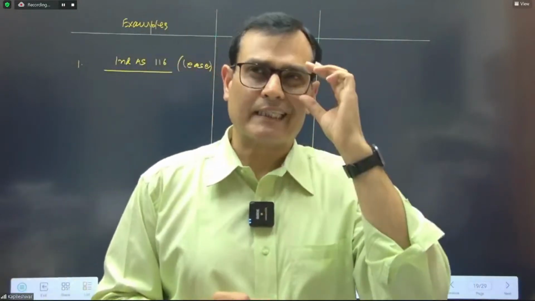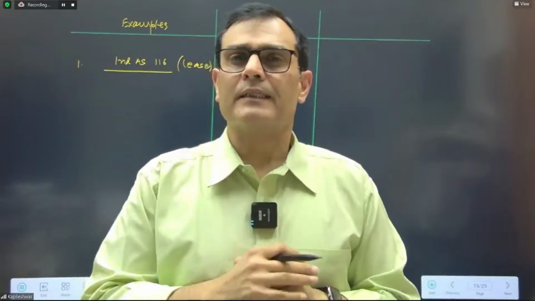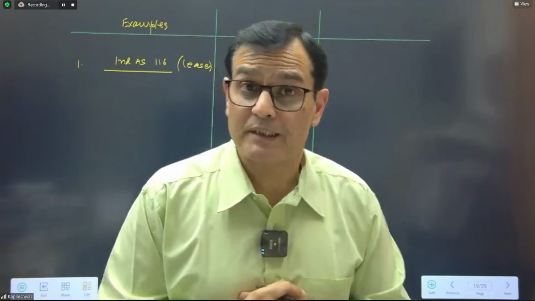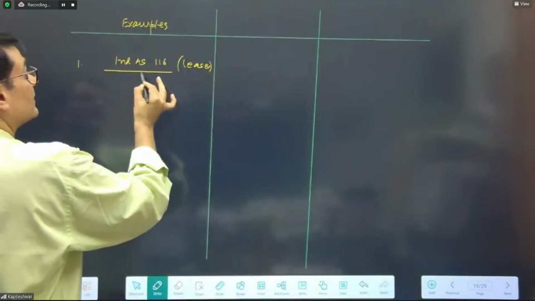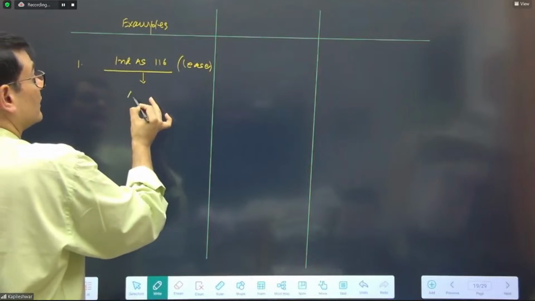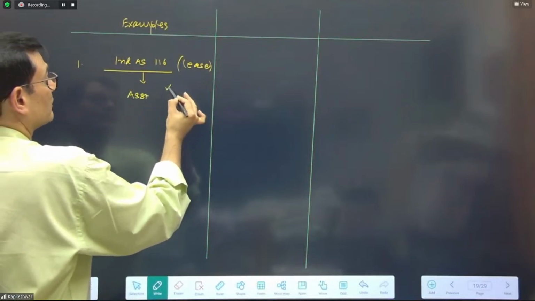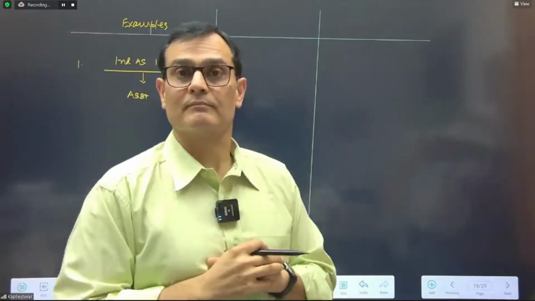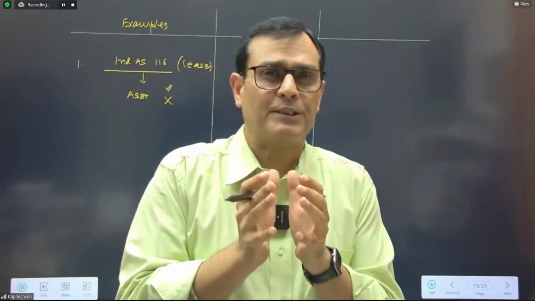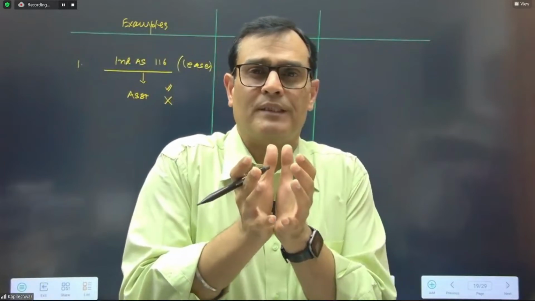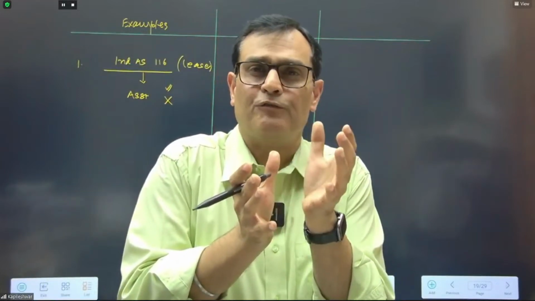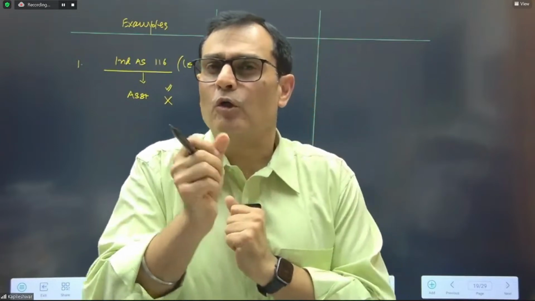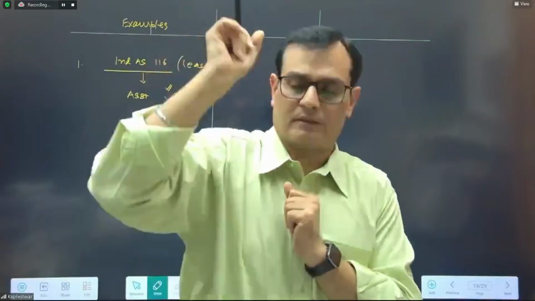When you look at a lease standard, there are certain cases, mind the words carefully, when the standard says you can either reflect the asset in the balance sheet or you may not reflect the asset in the balance sheet. So there are certain cases in Ind AS 116 where the standard says, in this case, if you want, you can show it as an asset. If you don't want, you don't show it as an asset.